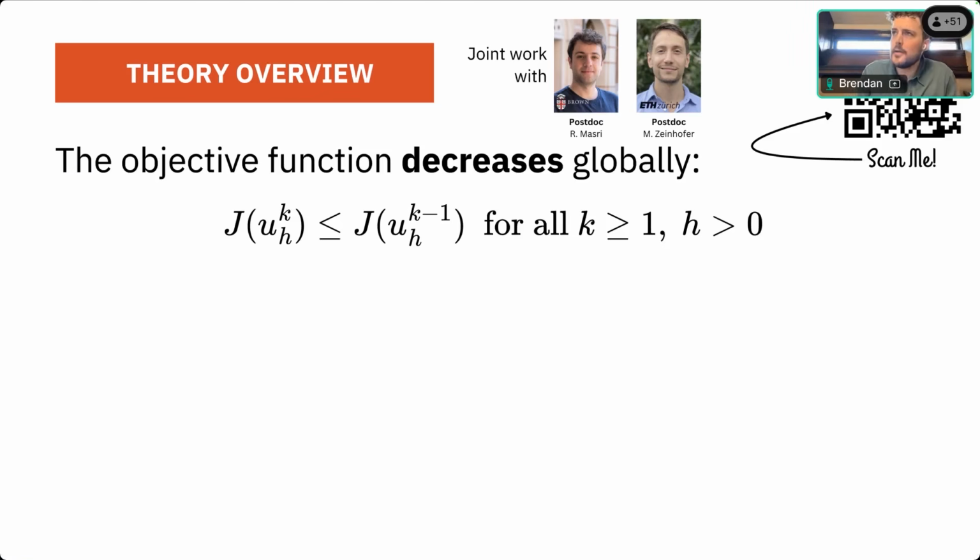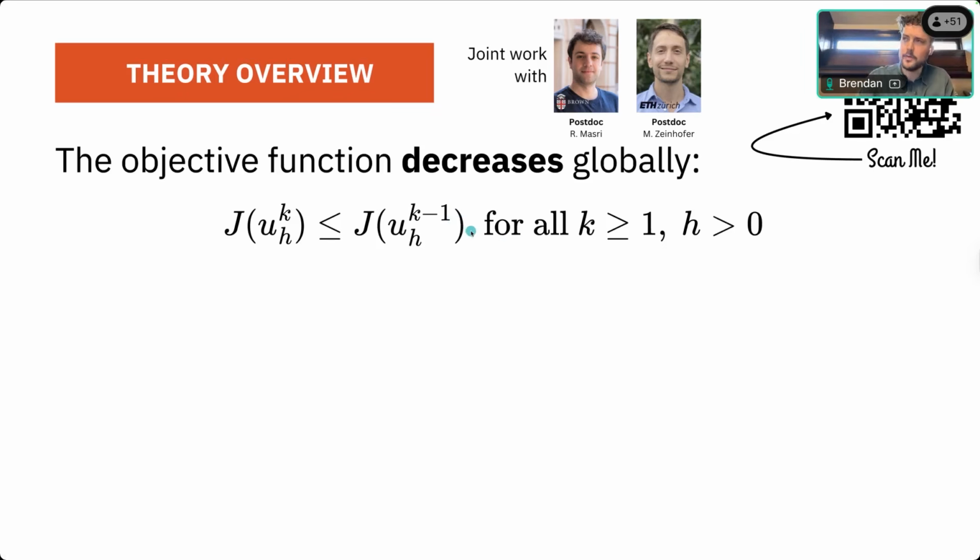Now, I'm in a math department, so I'm obligated to prove something, and I'd like to prove this very interesting property. This is well known at the continuous level, that every iteration of Bregman proximal point is going to decrease the energy. But there's something very special about the Galerkin approximations of these subproblems that guarantees that the energy continues to decrease. There's no h-dependent term in this decrease.